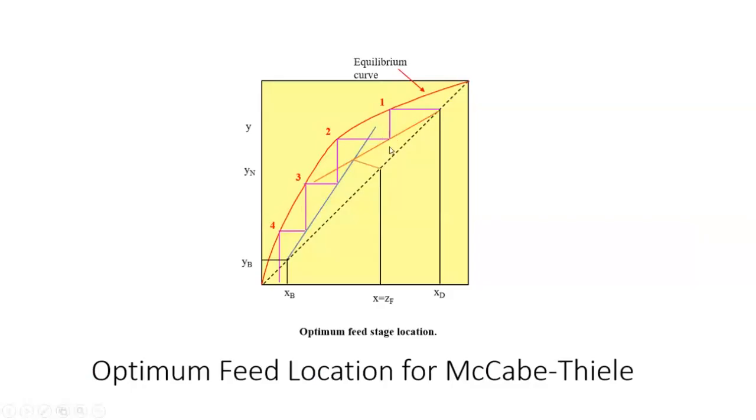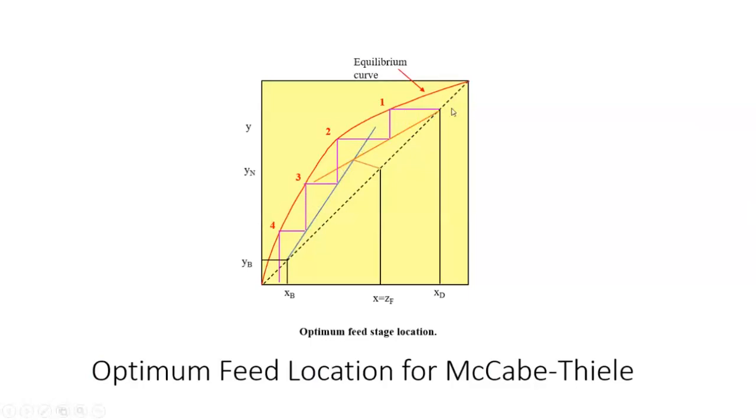We will get this point. As we are just completing this one step, that will be equivalent to one equilibrium stage. And we can just count the vertical lines drawn. By doing so, that will give you the number of equilibrium stages in the distillation column.